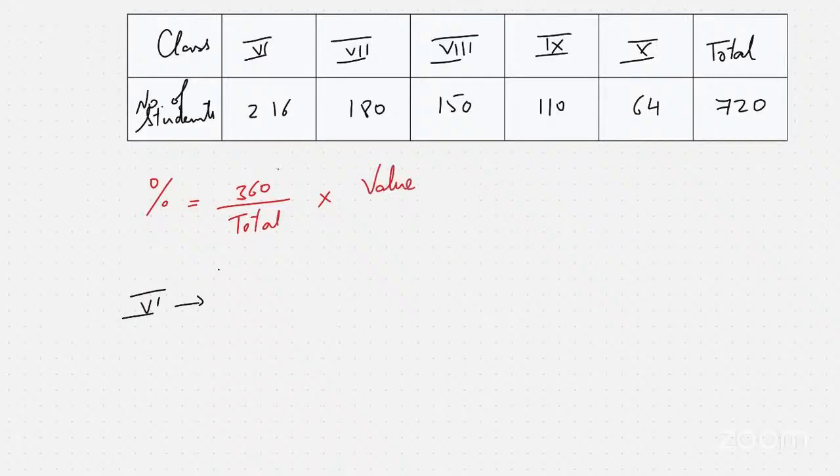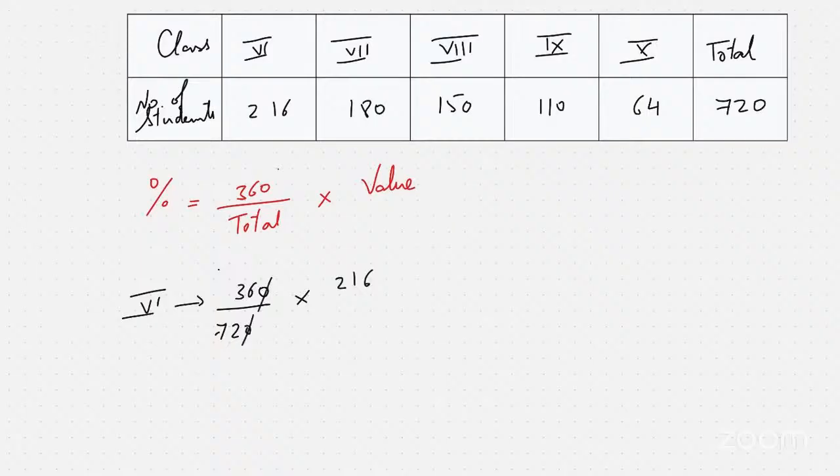Actually, there are two types of pie charts in your course. One is where you have to find out the degree, and one is where you have to find out the value. This is where you have to find out the degree. So for class 6, we will do 360 divided by 720, that total, multiplied by 216.